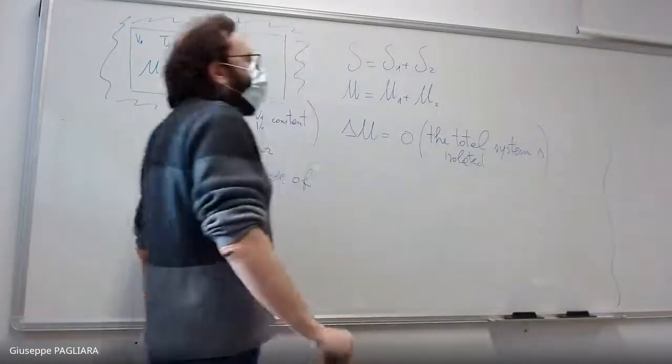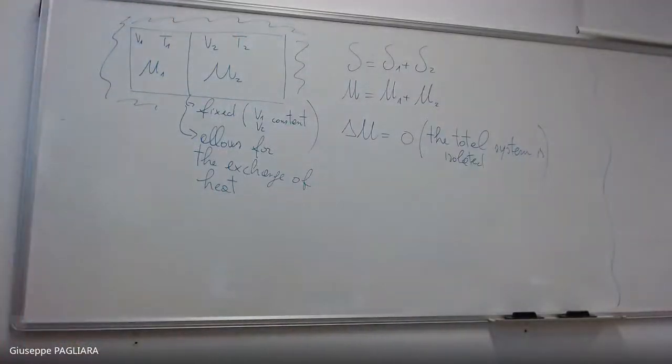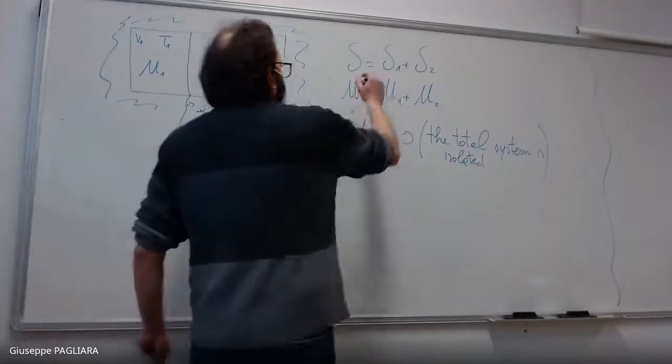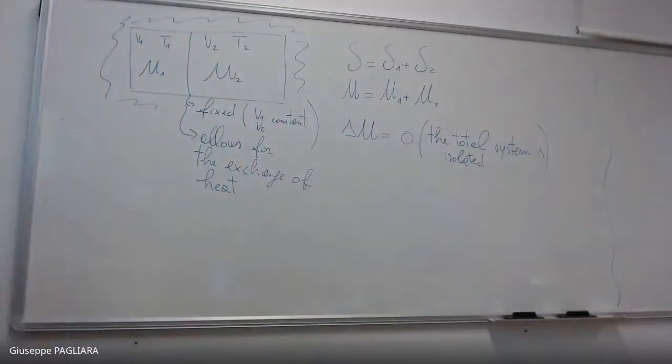So there's no variation of the total internal energy, whereas there is a variation of the total entropy, even if the system is isolated, as we will see.